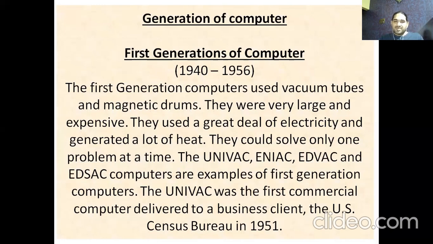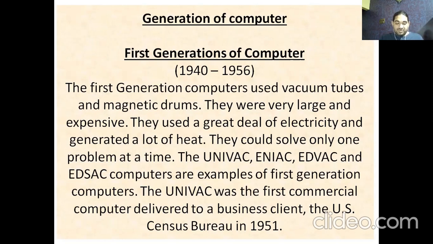Okay, so there are some examples you can find there: UNIVAC, ENIAC, EDVAC, etc. I'll read out the full form of the short forms which are given there. First one, Universal Automatic Computer.